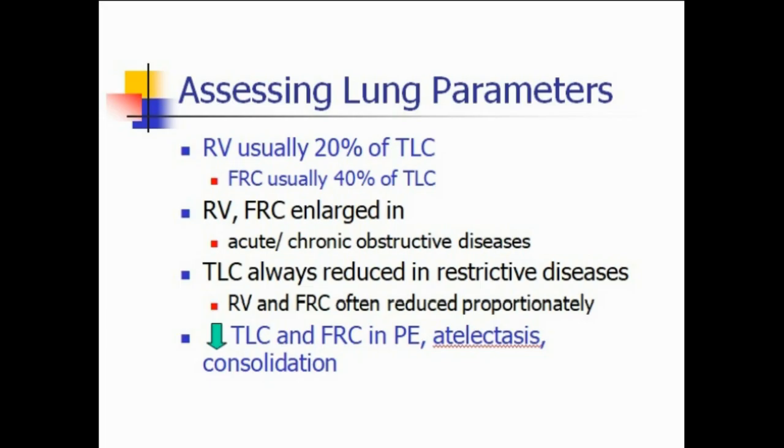If you don't have a TLC because an FRC was not done, then the only possible indication of restrictive problems is the forced vital capacity. A decrease in total lung capacity and FRC is seen in pulmonary fibrosis, atelectasis, consolidation. There's a whole list of other conditions that will reduce the lung volume.